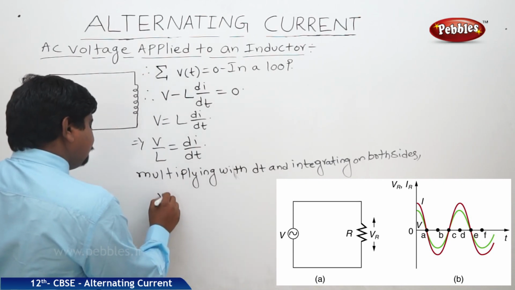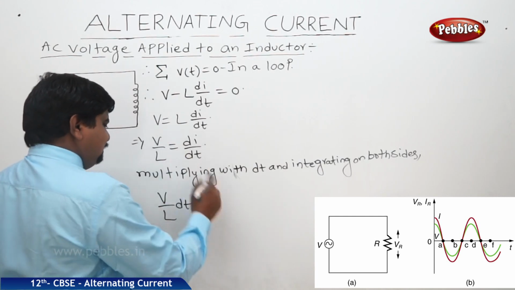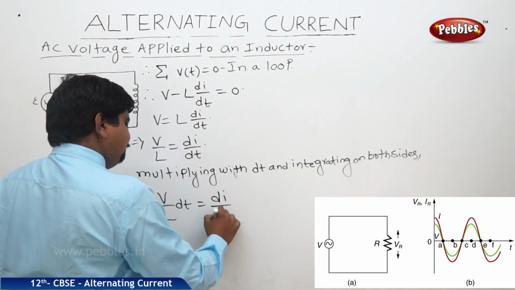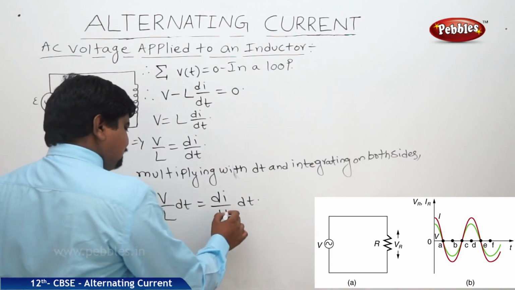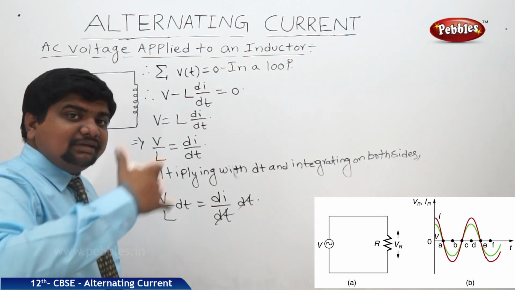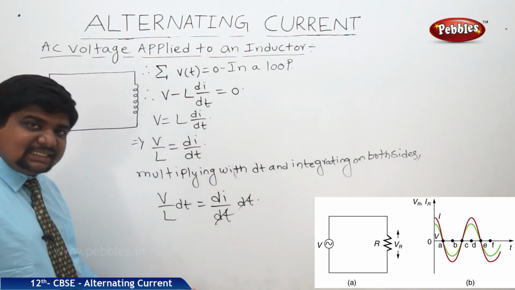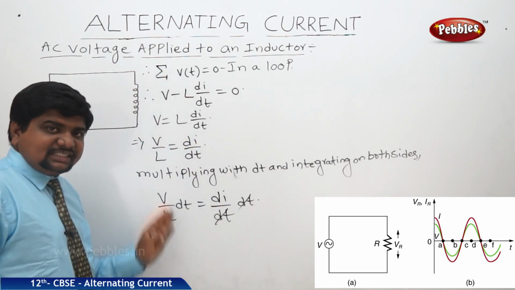Therefore, V by L dt is equal to di by dt into dt. Dt and dt get cancelled. We can write V is equal to Vm sin omega t, because voltage varies sinusoidally. That is the property of the AC voltage.